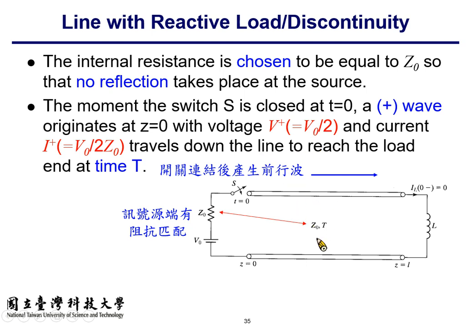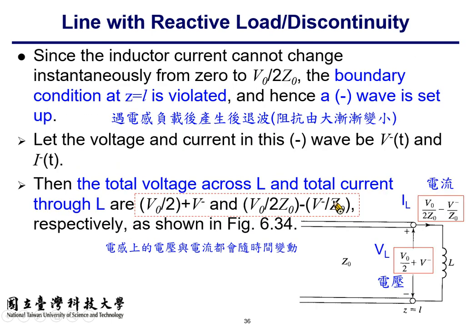Because the characteristic impedance of the line is Z sub 0, the I plus signal, the current going toward the positive Z direction, to the right, is V sub 0 over 2 times Z sub 0. All right? So the initial V plus and I plus signal is not that difficult to find.